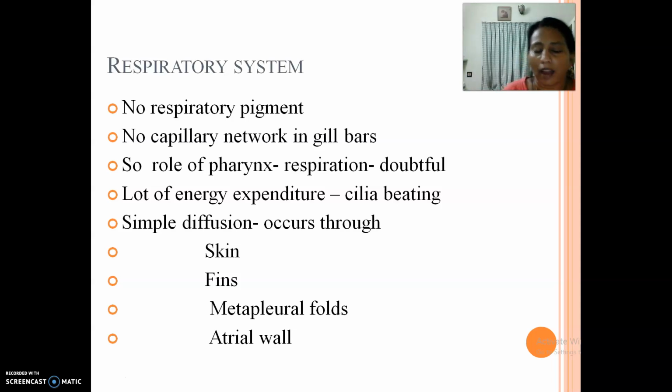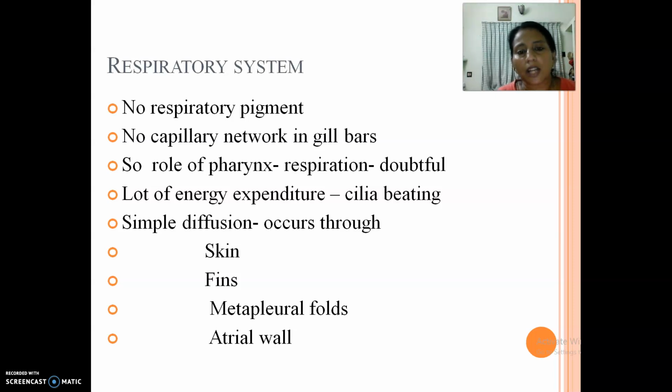For the separation of water from the food particles, a large number of cilia must beat and they need a lot of energy. So the pharynx is not involved in the respiratory function, and we can say its respiratory function is doubtful.